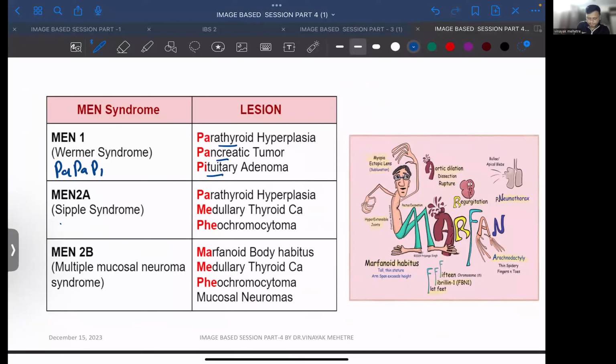Okay, Pa, Me, Phi: parathyroid hyperplasia again, medullary thyroid cancer, and pheochromocytoma. And last one is Ma, Me, Phi: Marfanoid habitus, medullary thyroid cancer, and pheochromocytoma.